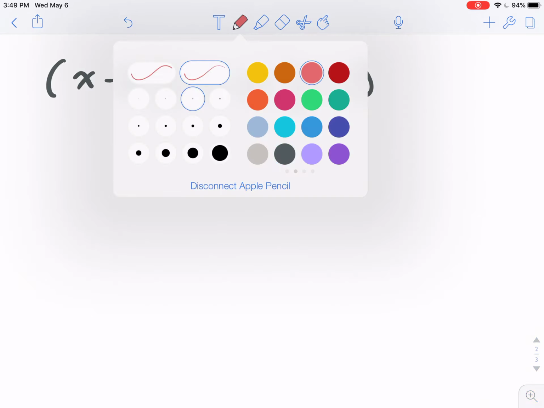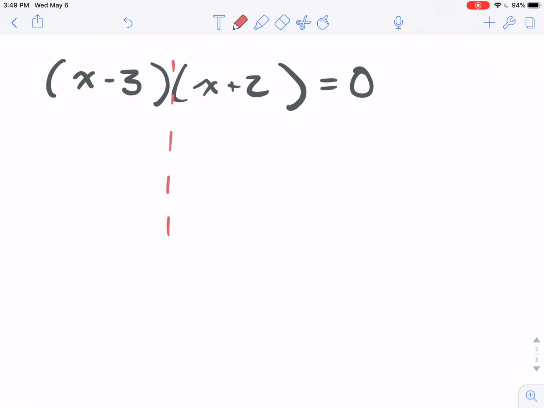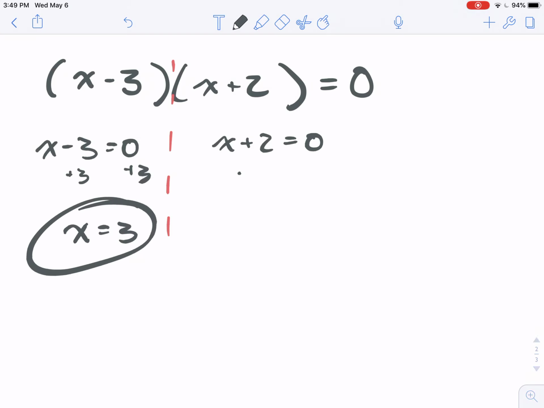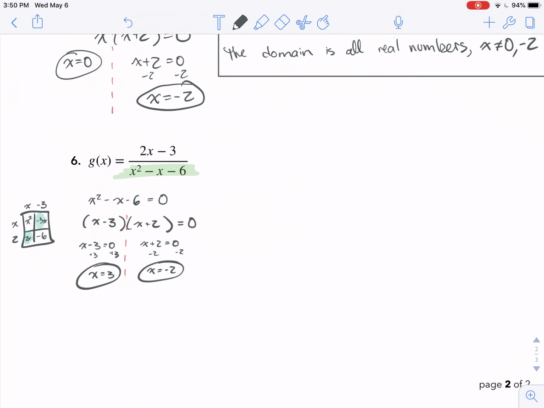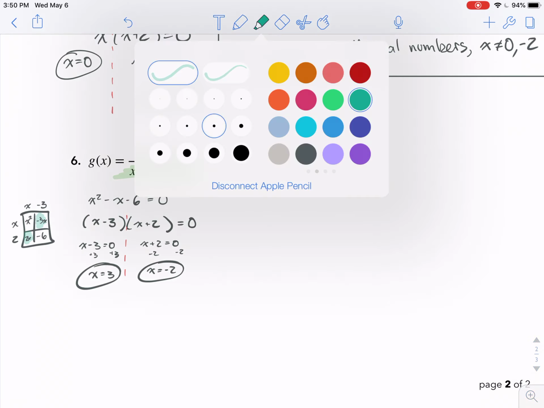Now we can split them up, giving us x minus 3 equals 0 and x plus 2 equals 0. We add 3 to both sides, giving us x equals 3, and subtract 2 from both sides, giving us x equals negative 2. Those are our excluded values.